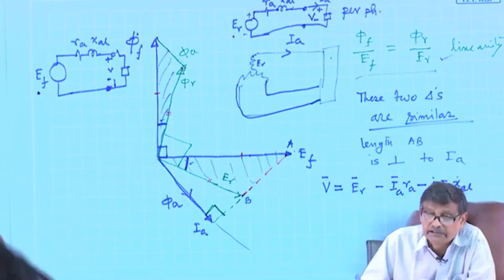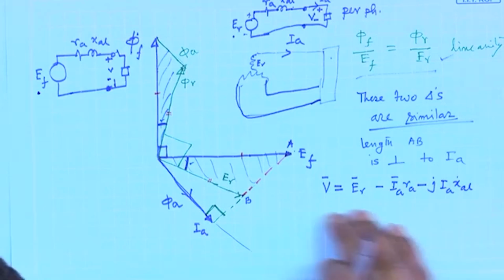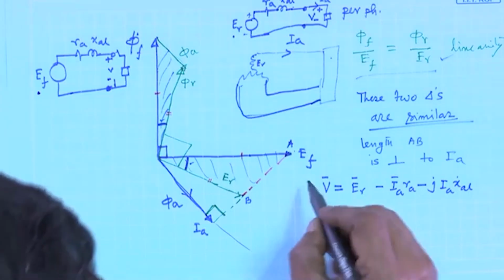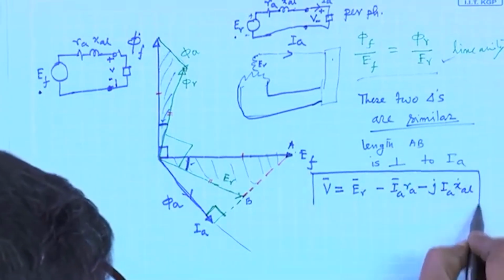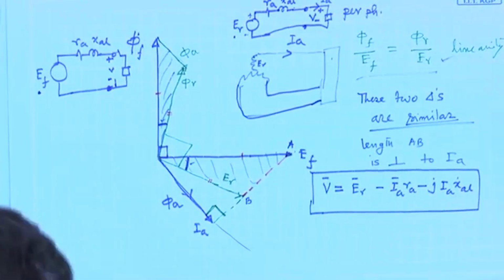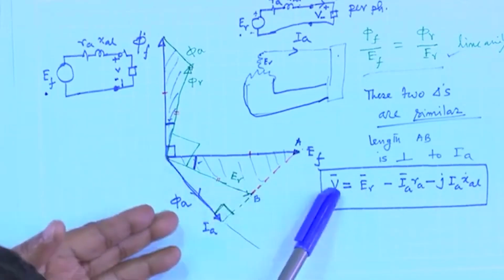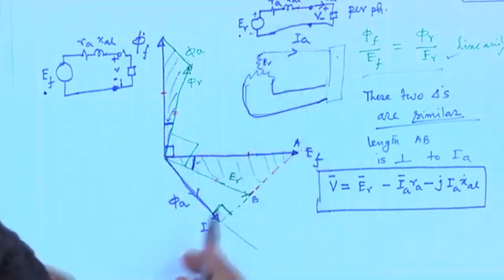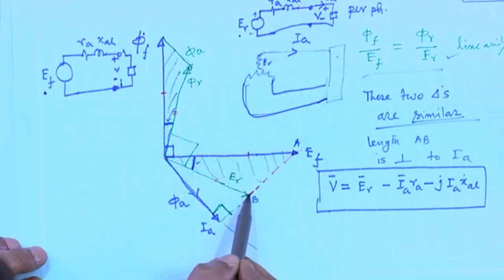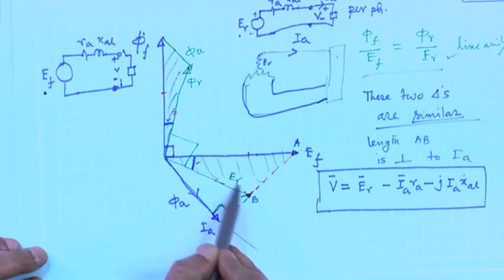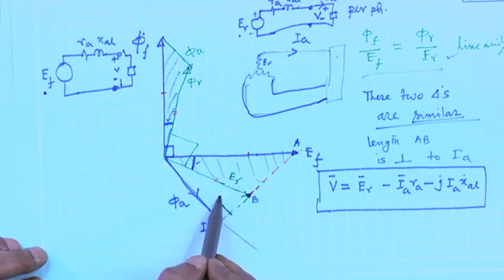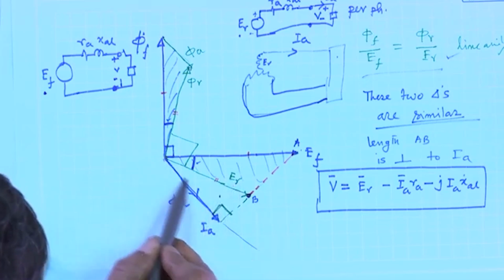This is leakage reactance, mind you. This is fine. That is, if somebody tells me, okay, where is the terminal voltage V appearing across the load, then from this ER I should subtract IA RA, then subtract j IA XL, and then I will fix up this V.